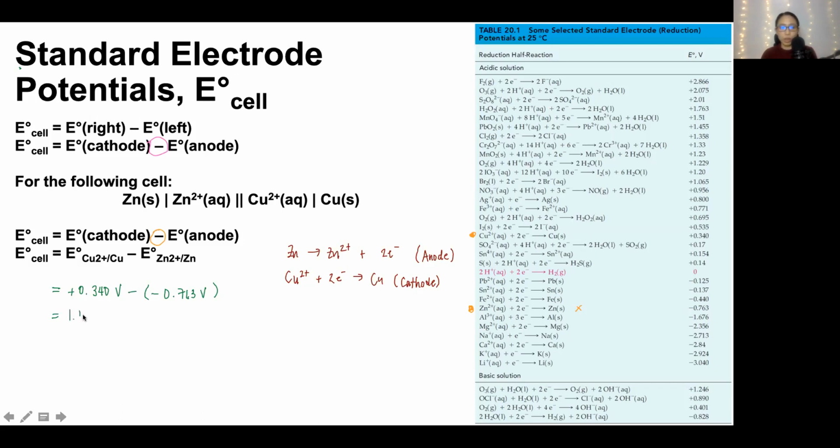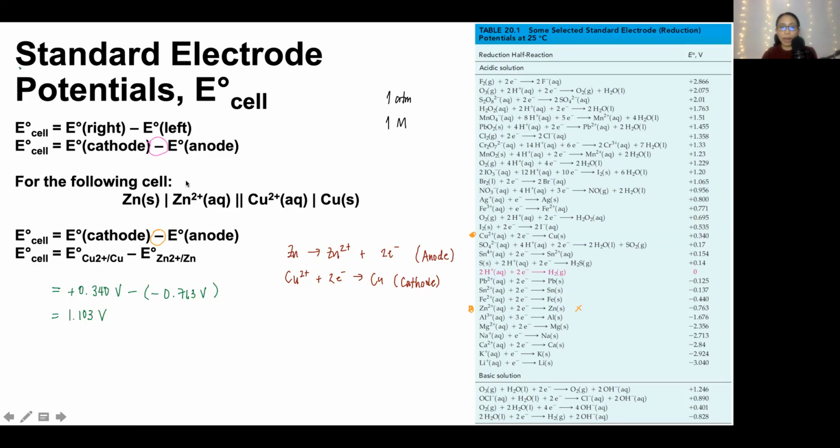volts. And according to what we learned, a positive cell potential means that the reaction is spontaneous. So what does this mean? Since we are at standard state, again, the standard state is defined as 1 atmospheric pressure for gases, 1 molar concentration for aqueous solutions.